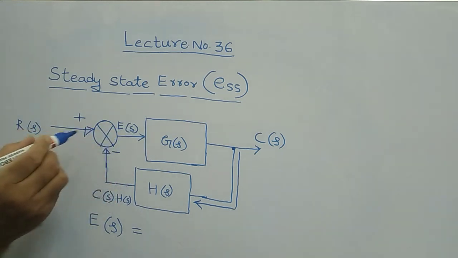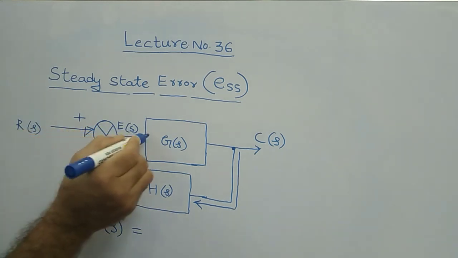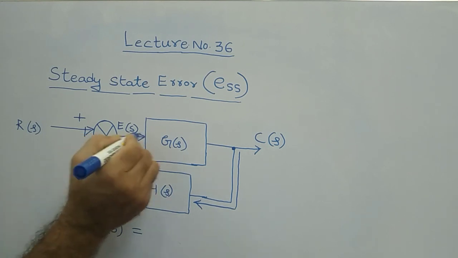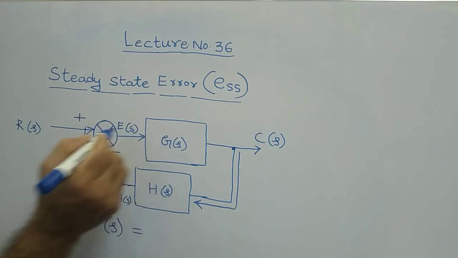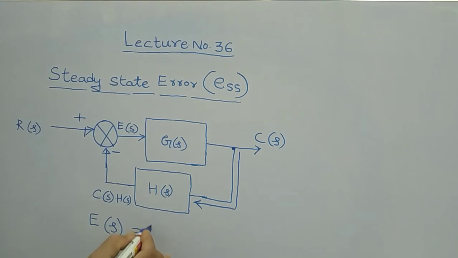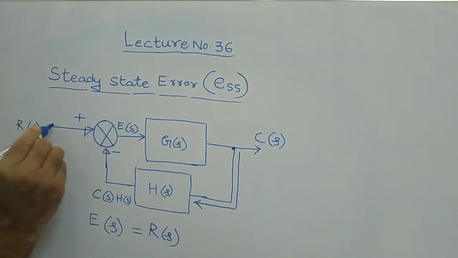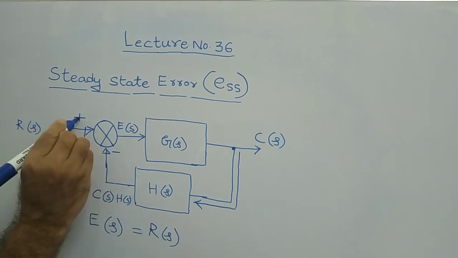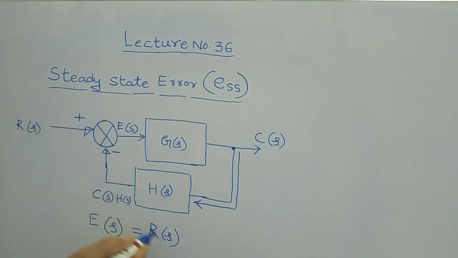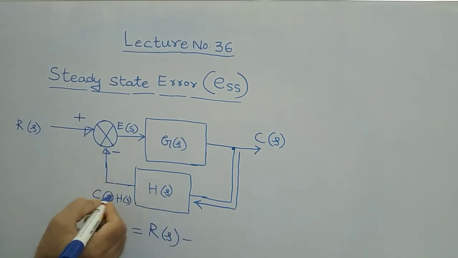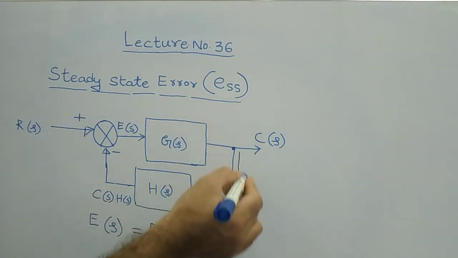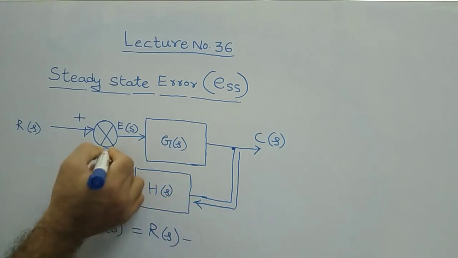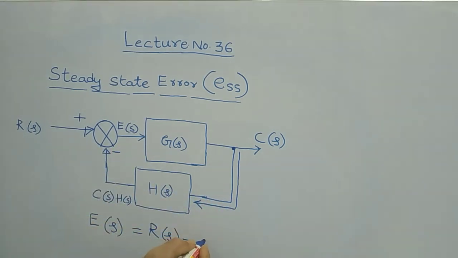E of S is equal to R of S, which is positive since it is coming inward, minus C of S into H of S.